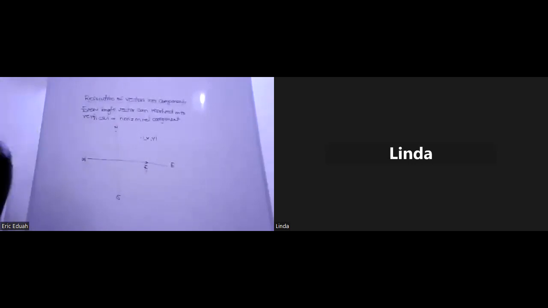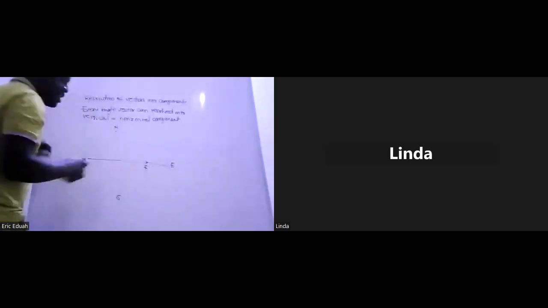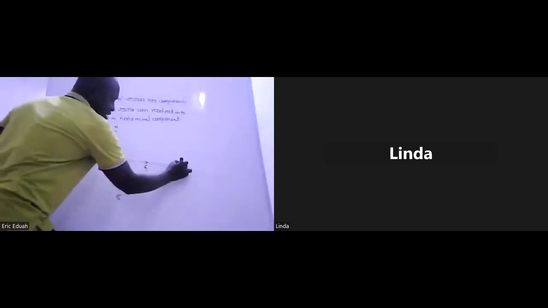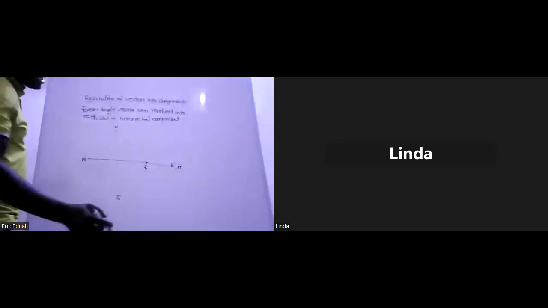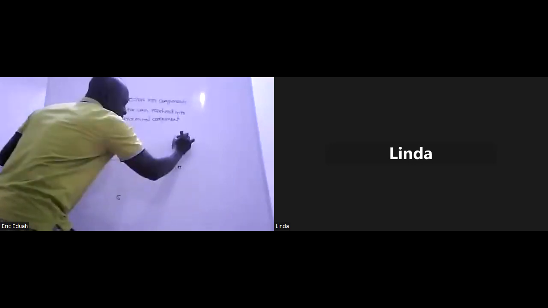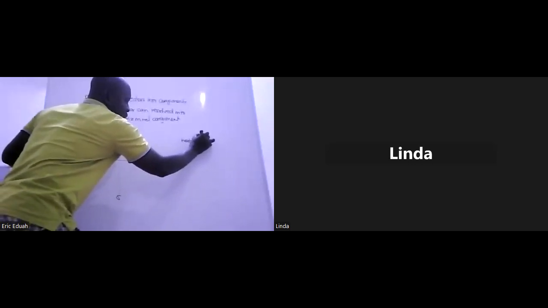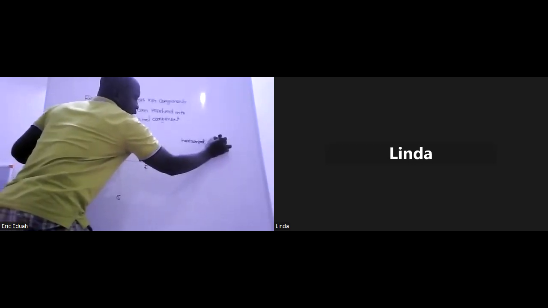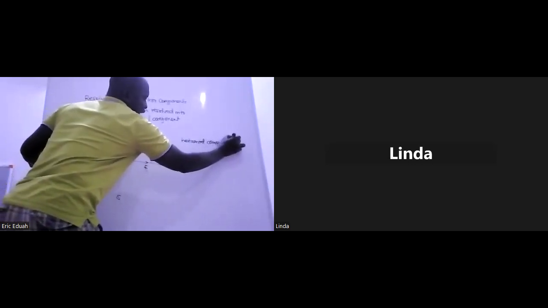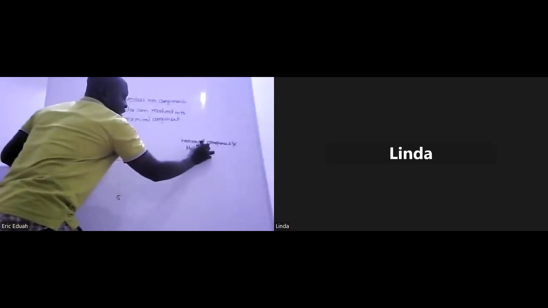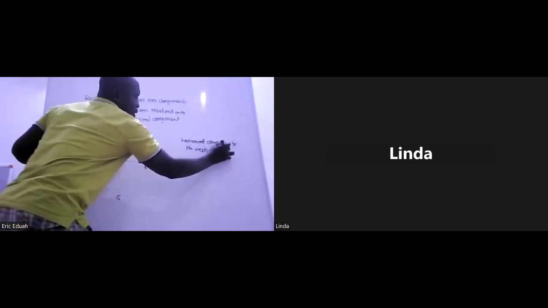So once the vector is along the east or x-axis, what it means is that this vector has a horizontal component, which is x, and no vertical component.